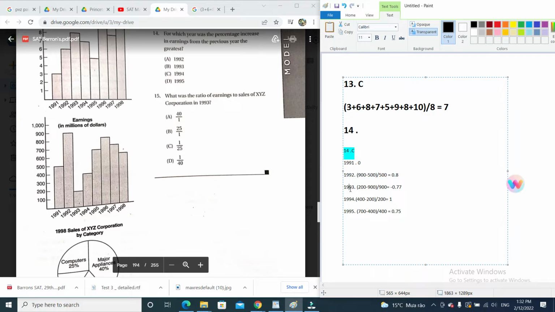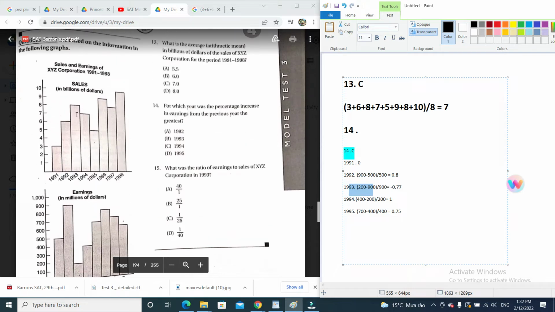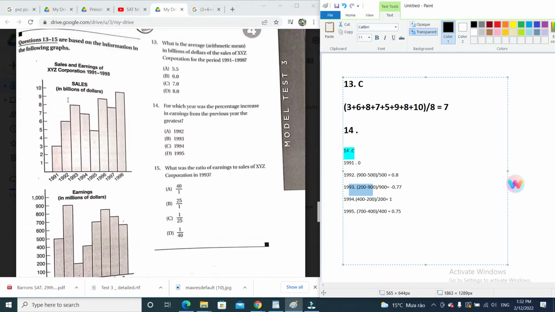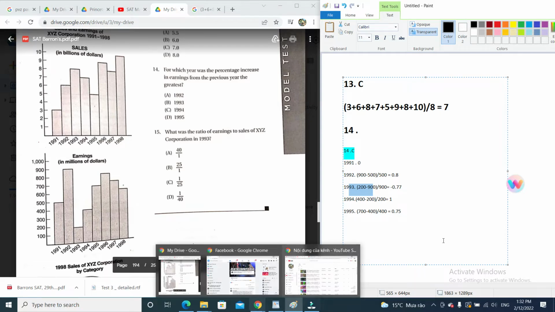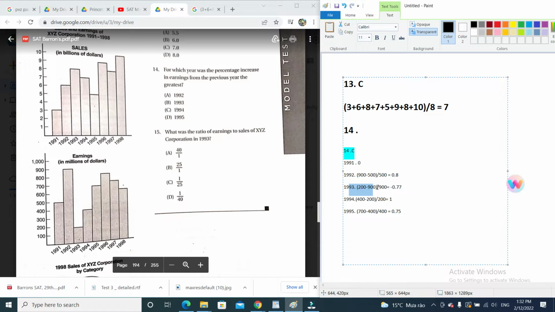In 93, with a similar kind of calculation, we take 200 minus 900, because 200 is 93 and 900 is 92. We divide that by the original value, which is 900, and it's going to be a negative 0.77.